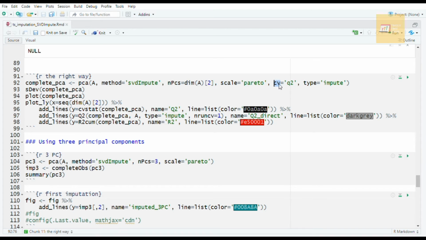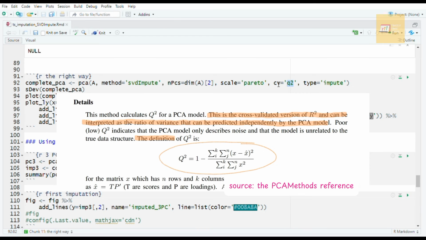Now, what is the CV argument? We don't know how many principal components we want to take, so I'm going to use cross-validation to determine that. The metric to compare the models is Q squared, the cross-validation version of R squared.